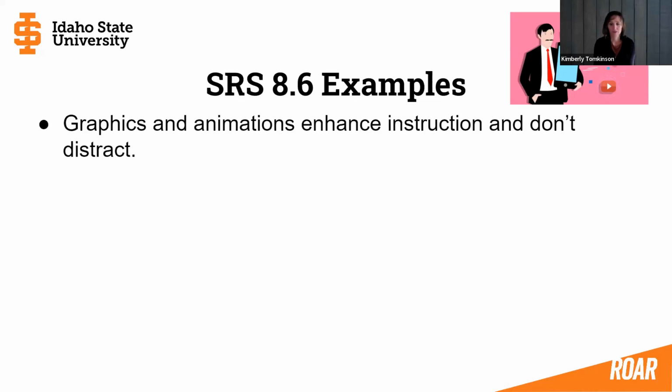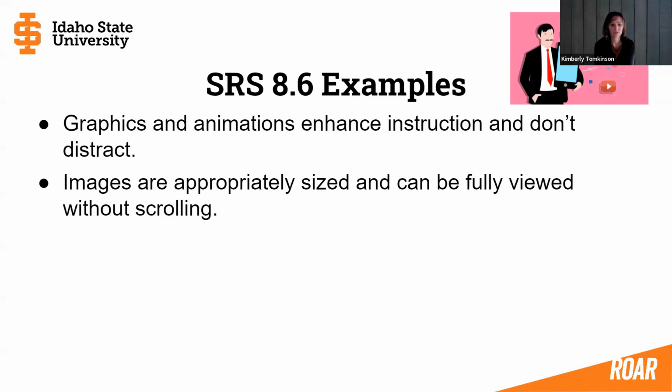So for example, graphics and animations that will enhance the instruction shouldn't be distracting, and they should enhance the instruction. They might illustrate different ideas and be very clear to the learner. And images should be appropriately sized and should be able to be viewed in their entirety without scrolling.